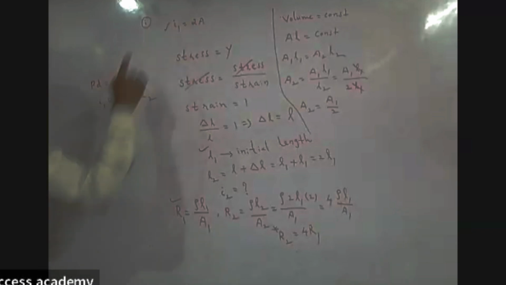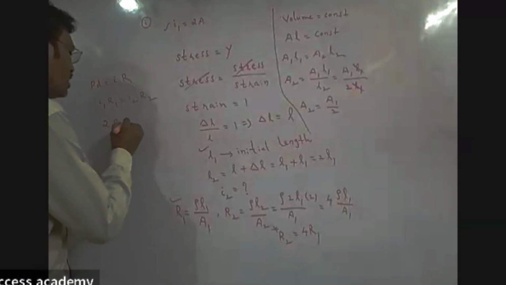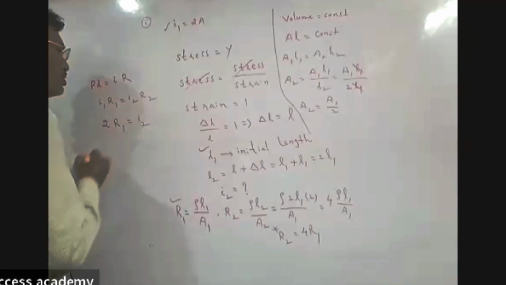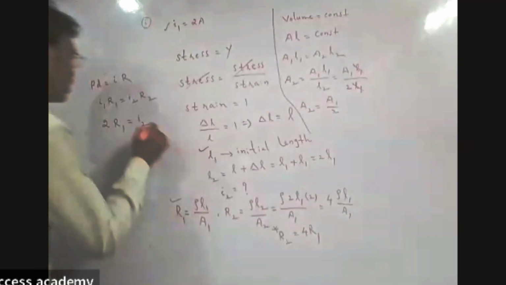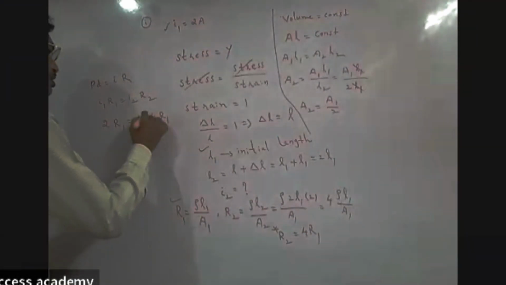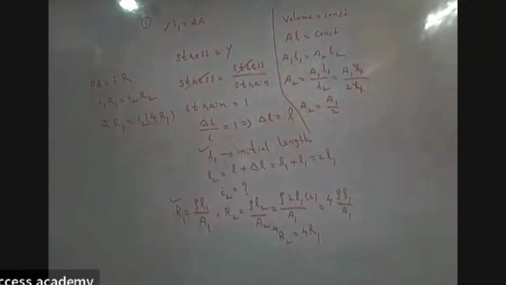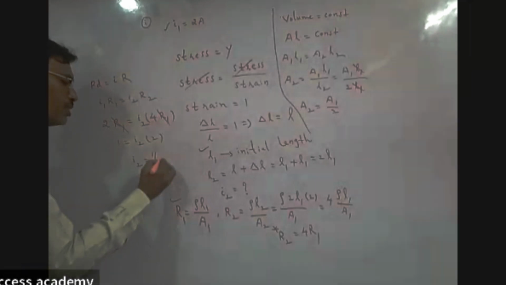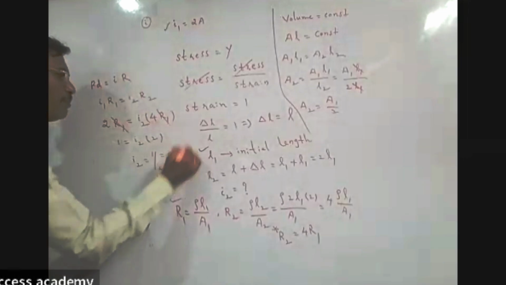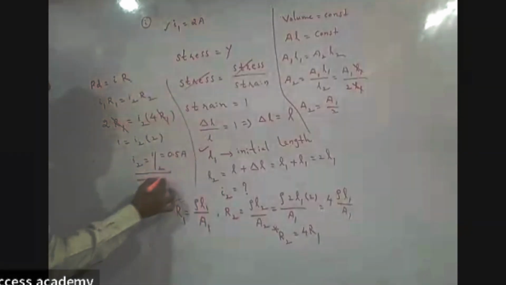I1 is 2 ampere, R1 as it is, is equal to I2 times R2, and R2 is 4R1. R1 gets cancelled. 2 ones are 2, so 2 is equal to I2 into 4. Then I2 is equal to 1 by 2, that is equal to 0.5 ampere. This is the answer for that.